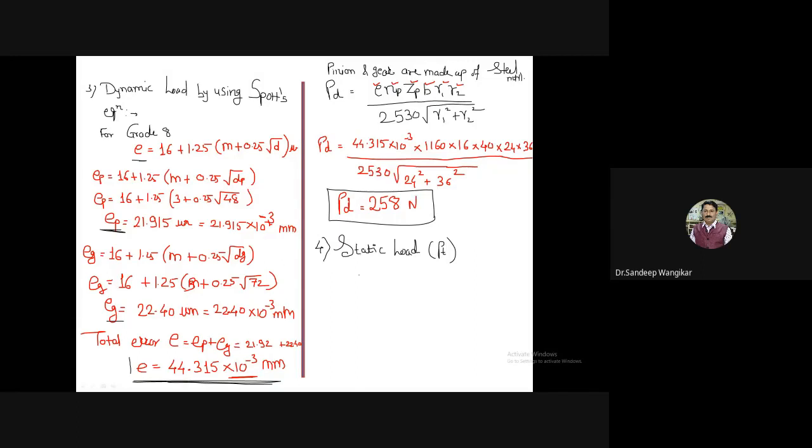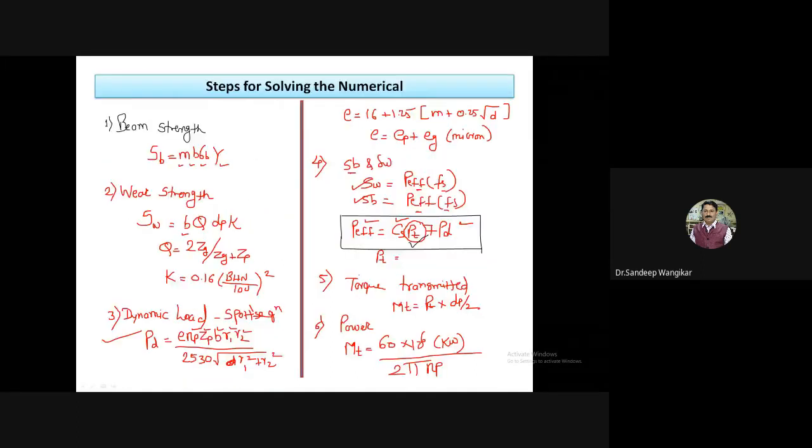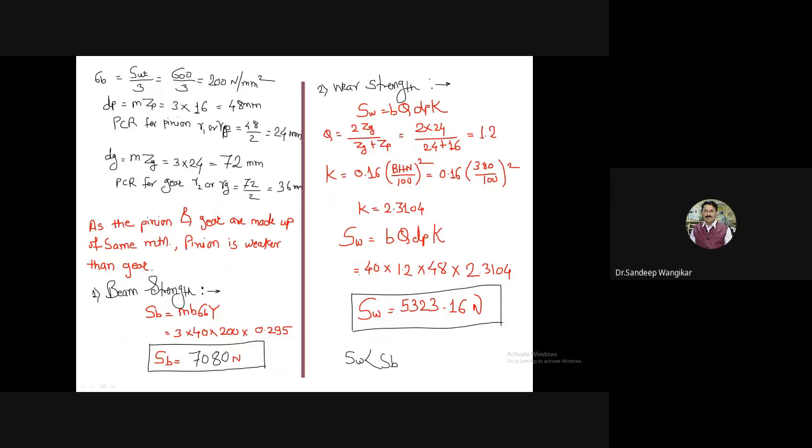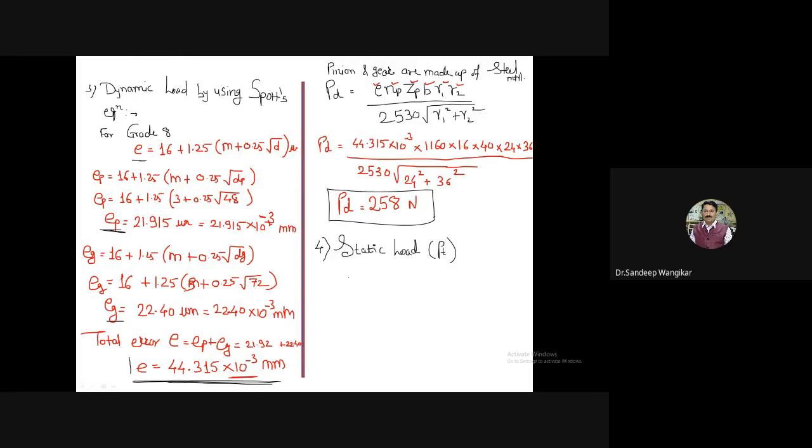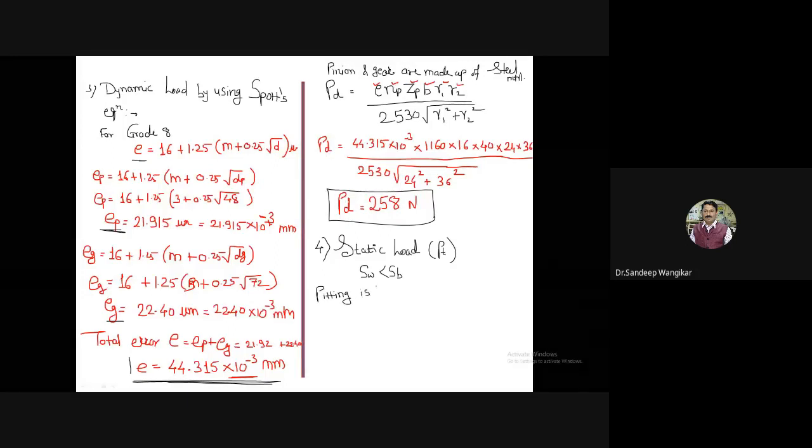So I will compare SW and SB, and I have already noted that SW is equal to 5323 and SB is 7080. So SW is lesser than SB. So I will write by comparison here SW is lesser than SB. Therefore, pitting is the criterion for design. Therefore, PSW means wear failure, so we will be calling it pitting.